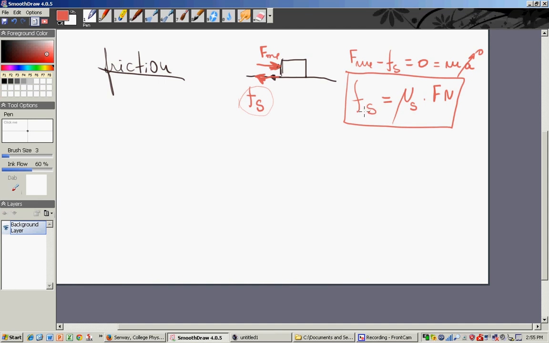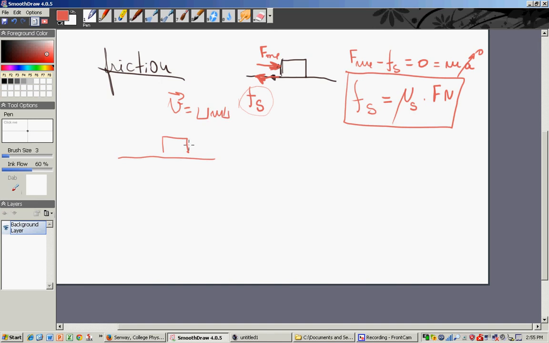We can determine this in the lab: the maximum value of static friction that can hold on to a block or system or a car is equal to a coefficient that depends only on the materials used to build the surfaces in contact, times the normal force that is being exerted on the object.